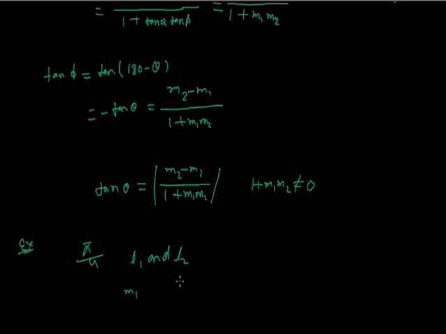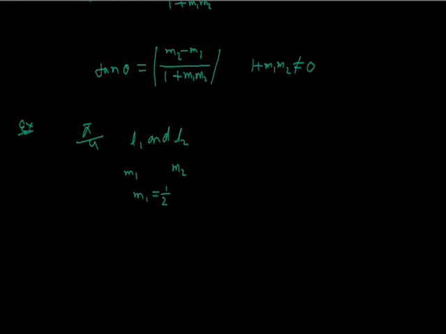The slope of L1 is m1 and the slope of L2 is m2, and we are given m1 is equal to 1 by 2. Suppose the angle between these two lines is theta, so theta is equal to pi by 4, we are given. Now find the slope of the other line, m2.